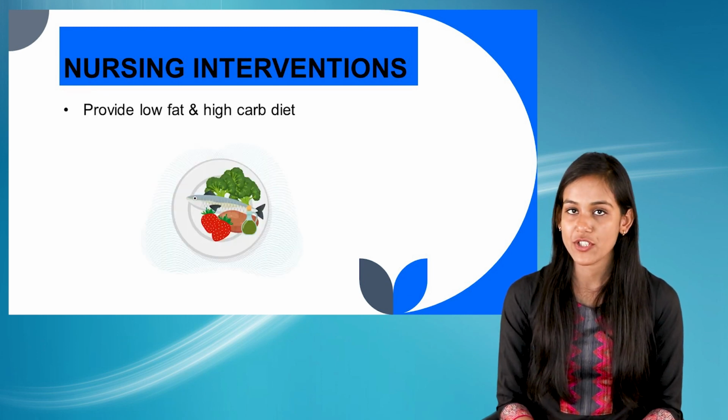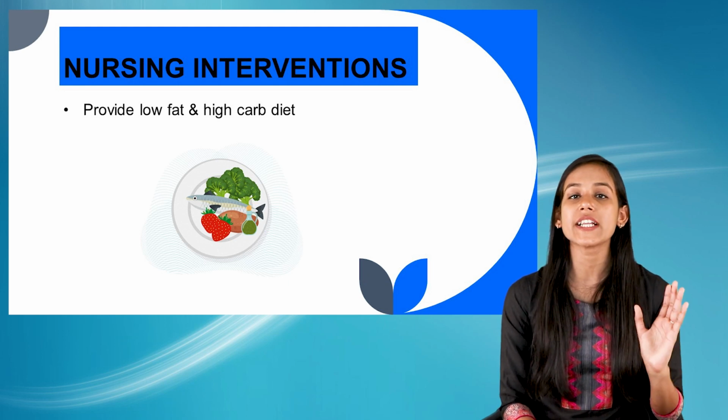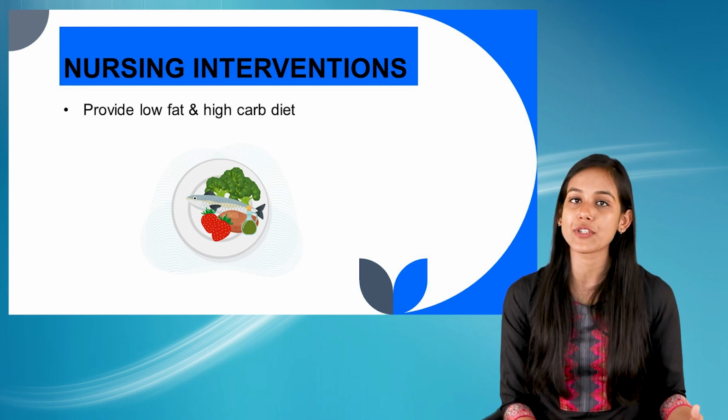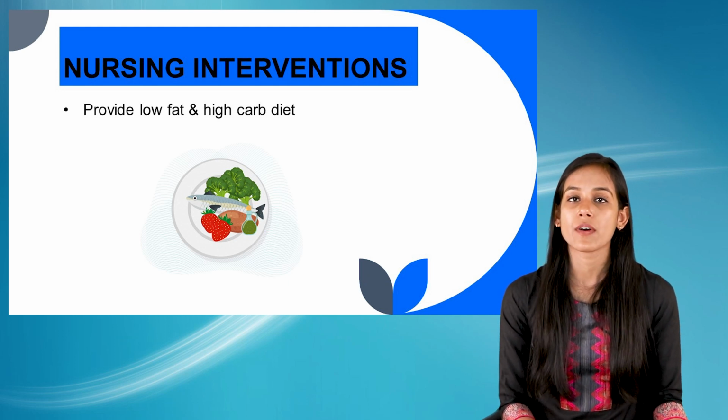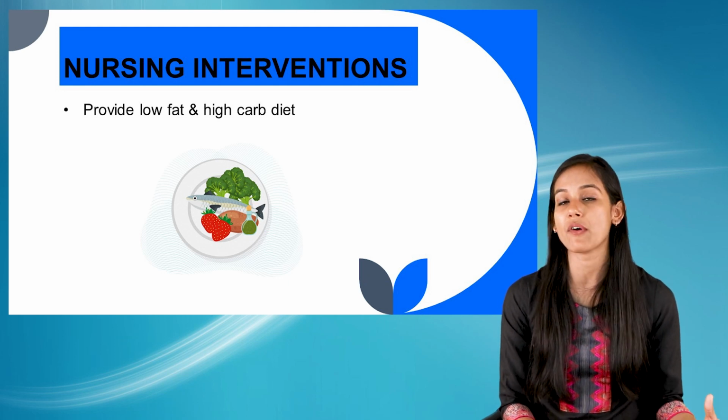Next, you also have to make sure that you provide a low fat and high carb diet. Why specifically low fat and high carb? We know that the liver produces bile, and this bile helps in the breakdown of fat.